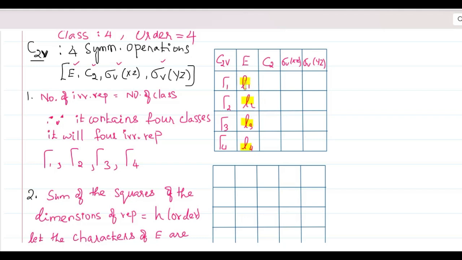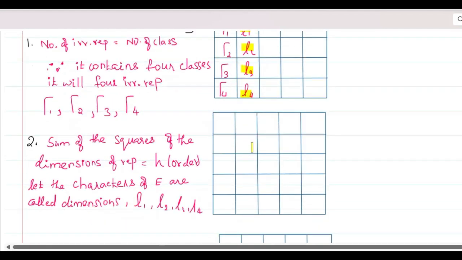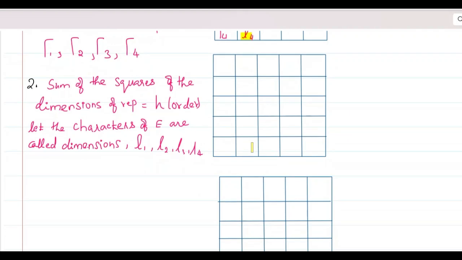When we consider the second rule, the sum of the squares of the dimensions will be equivalent to the order of the group. For which we are just considering the dimensions to be L1, L2, L3 and then L4. Now according to that rule, we are going to square each and then sum up.